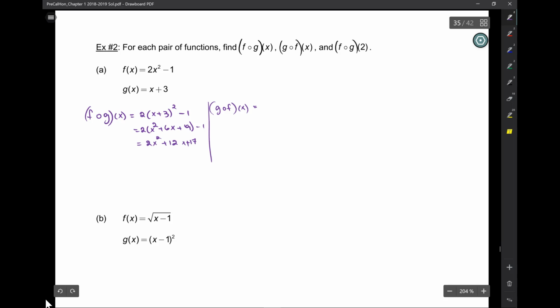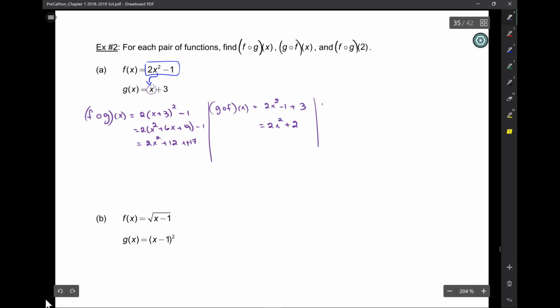So you look at g, wherever there is an x, you have to put in f of x. So it'll be 2x squared minus 1 plus 3, 2x squared plus 2. Again, if it's not going to get you any further, you don't have to factor.